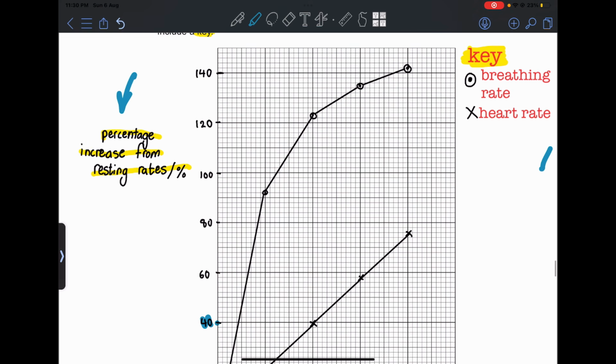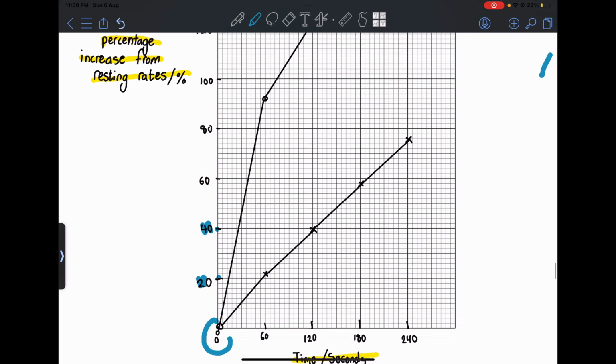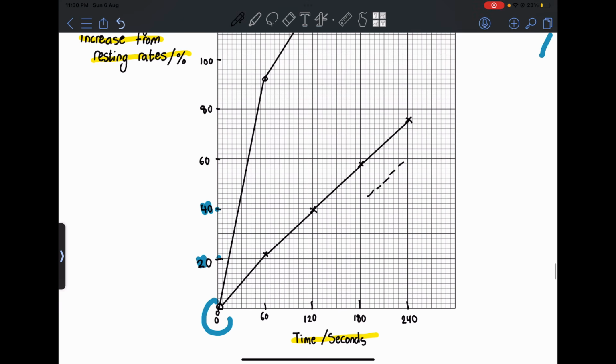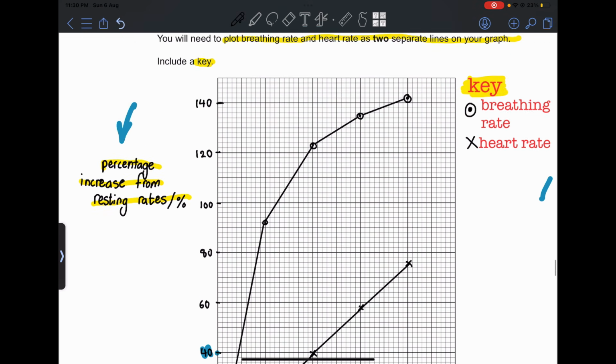So make sure to follow all the rules and also include the key. If you want to do another key other than what I have done, you can draw a straight line like this, and then you can add a dashed line like this. And this is another key you can use. If they ask for a third key, you can use the dashed line. So this is all I have done for the graph.